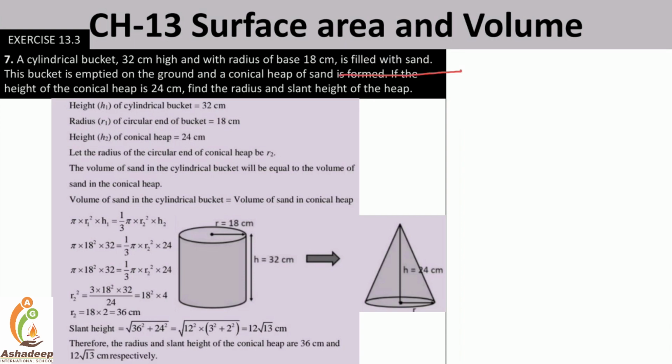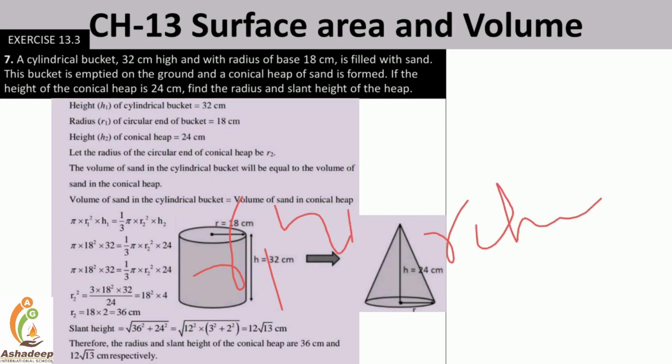It is filled with sand, and that sand is emptied on the ground and makes a conical heap, right? So the cylinder is converted into the cone. So now we'll take this as 1 and 1, this as 2 and 2, so we have to write down 1 and 2.